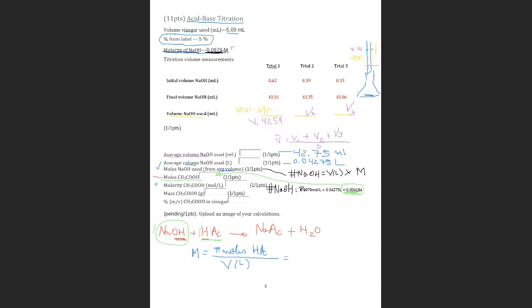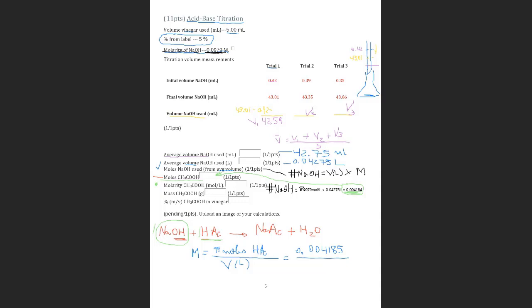So we have the number of moles that we used, the same as the base, 0.004185, divided by the volume of acetic acid that I added in the flask.